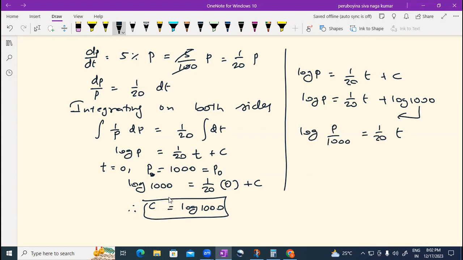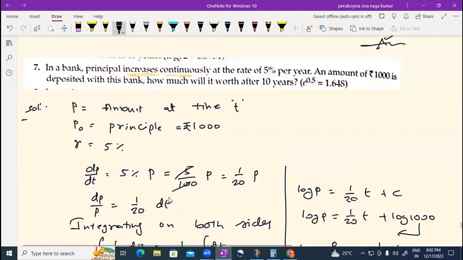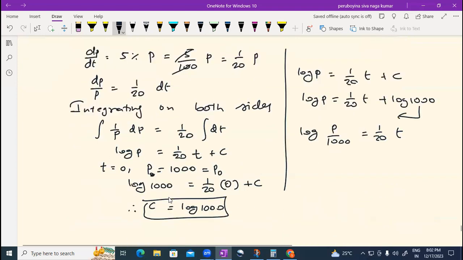Now what is he asking? At what time? 10 years of time. So the T value will be 10 years. Then what will the amount be? So log P by 1,000 is equal to 1 by 20 into 10 years of time. This will be cancelled, 1 by 2.